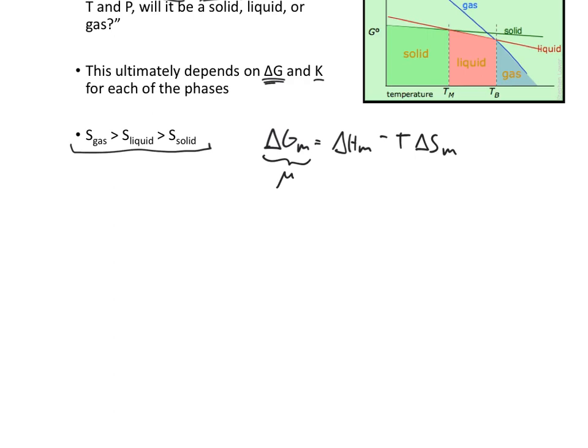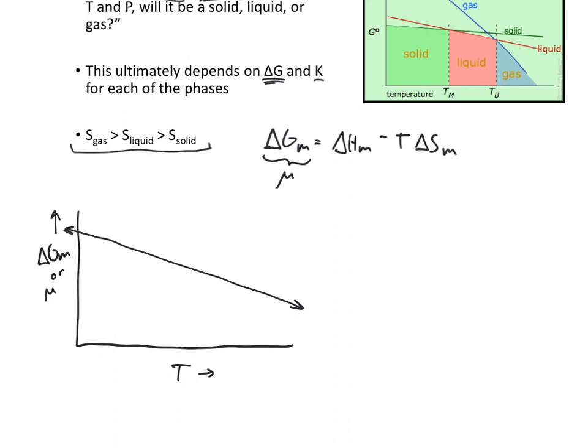I'm going to start by drawing a little plot where on this axis I have the temperature, and then on this axis I have the molar Gibbs free energy, or we might say the chemical potential. And then I can draw an approximately linear function here, because this intercept right there is going to be the delta HM, and then the slope is going to be negative delta SM for this line.